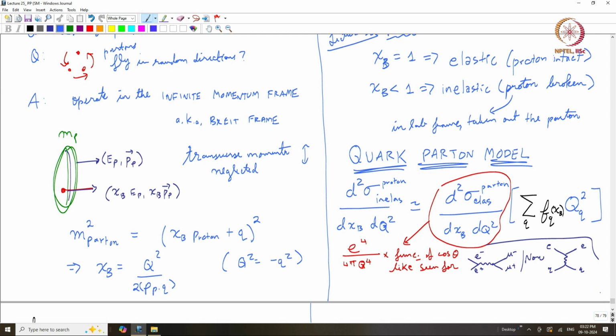I use a resolution scale q, that is the inverse de Broglie wavelength of the scattering process now. For that q and for that particular x, I want to ask what is the probability of finding that particular parton that I am seeing in the summation, which I am multiplying with the charge. So, let me just write this is basically electric charge.